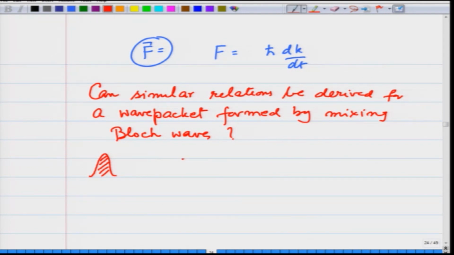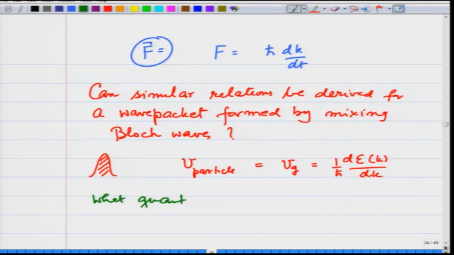The question is, can V particle then be related to V group, that is d E k d k 1 over h cross for a band, and then what quantity is related to the momentum of the particle?